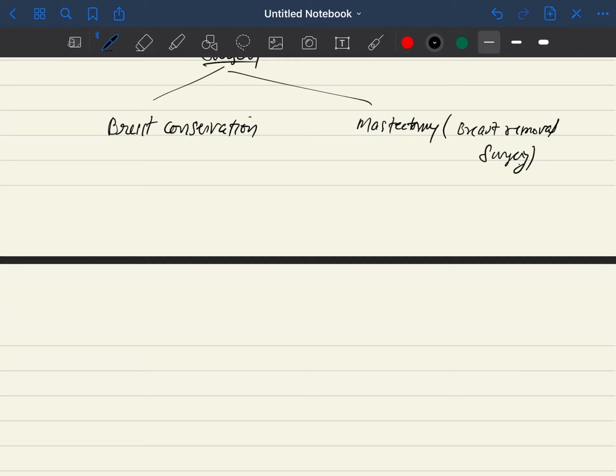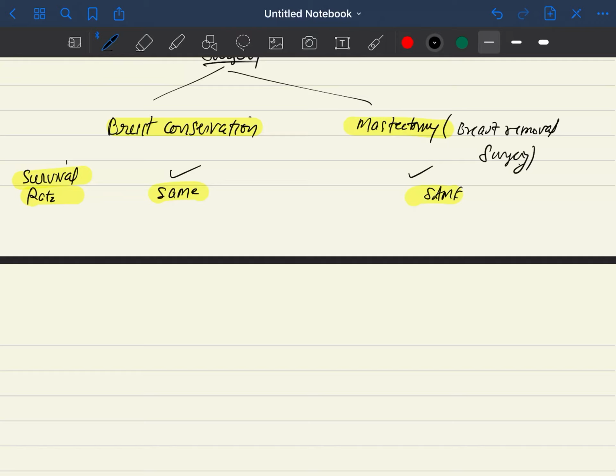Keep in mind the overall survival rate is the same in both. If you do a breast conservation or mastectomy, the overall survival is the same, right?